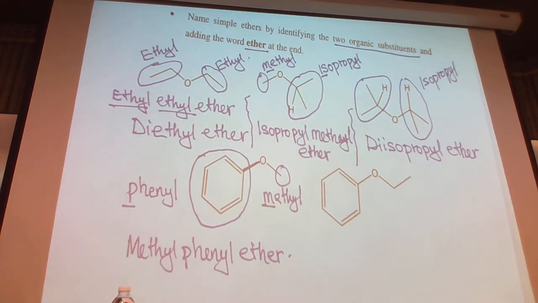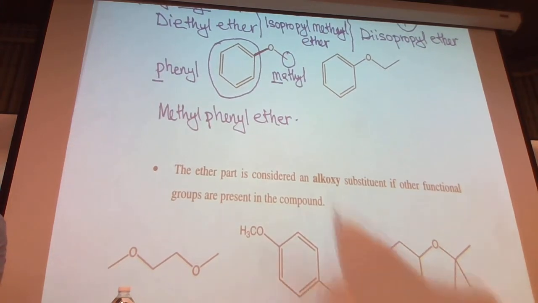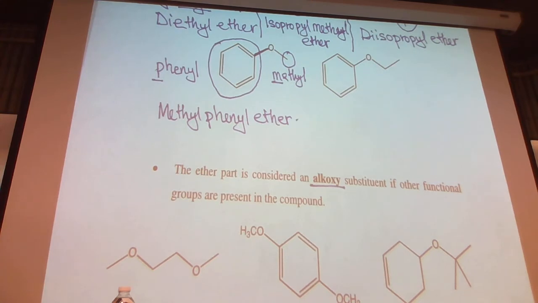It is going to be like a substituent, and what you're going to change the ether to will be alkoxy. That means an alkyl with oxygen. That's how you derive alkoxy.